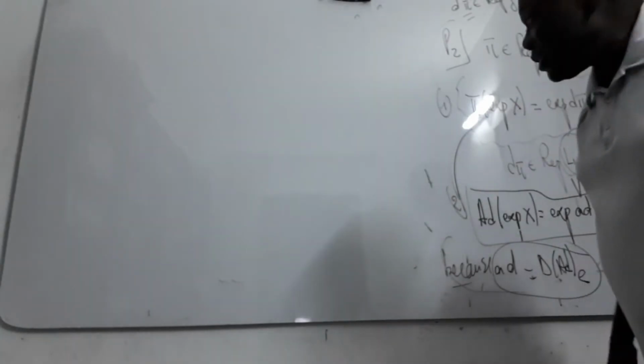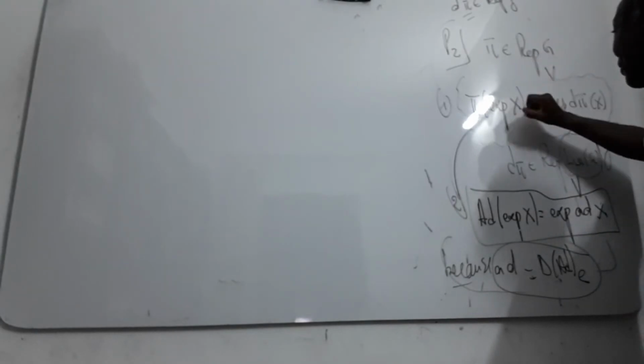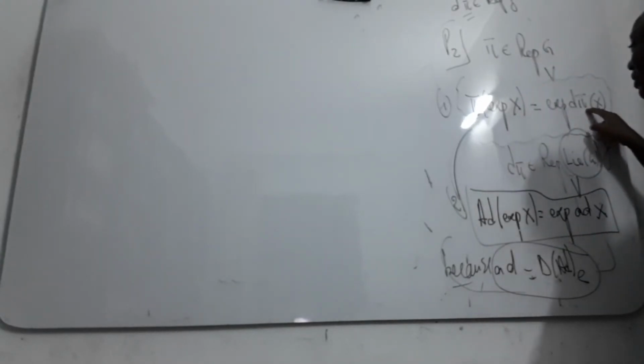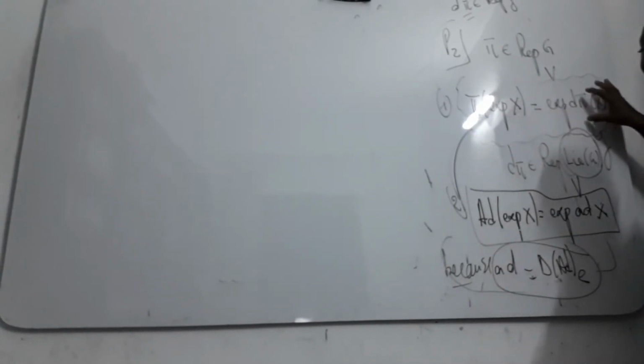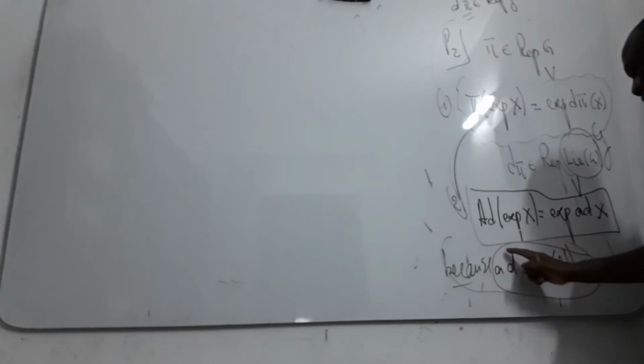Okay, so this property just summarizes what we did here. You have a representation; this one is the derived representation. Pi of the exponential of x is exactly the exponential of the derived representation of pi of x. And not only that, the derived representation of the adjoint representation of the Lie group is just the adjoint representation of the Lie algebra.